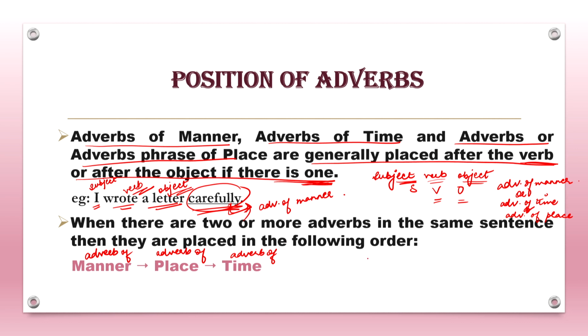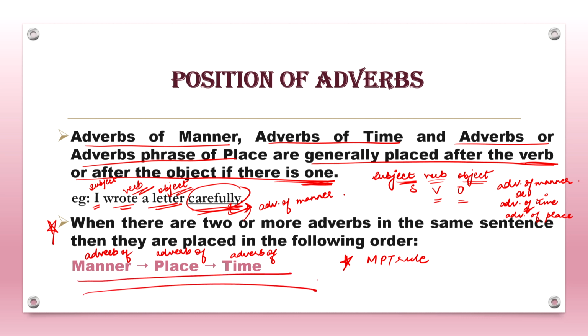So, this is your famous MPT rule. It is very important, keep this in mind. It is a very important rule, memorize this rule. So, when there are two or more adverbs in the same sentence, they are placed in the following order: first adverb of manner, then adverb of place and then adverb of time.